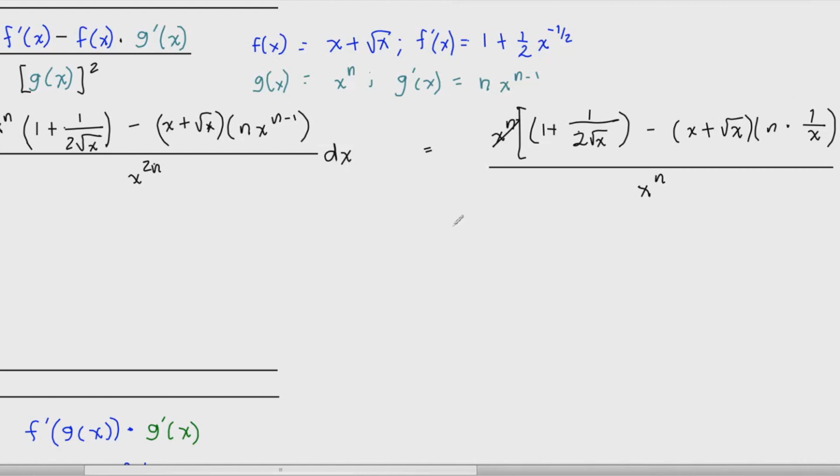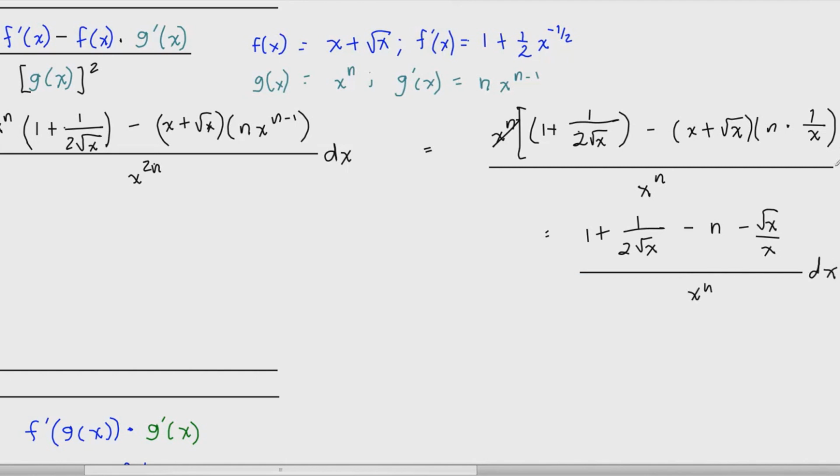So we have 1 plus 1 over 2 square root of x, and then we have x times n times 1 over x. We have minus n because this results to 1, and then we'll be getting minus square root of x over x, and then this shall be divided by x to the n.